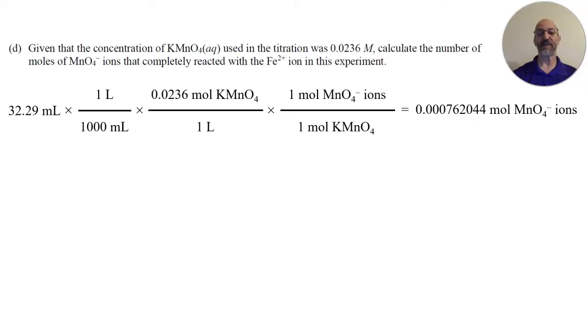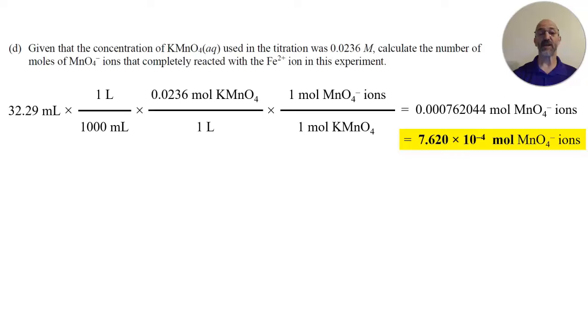I haven't rounded off this answer. I'm going to use 4 significant figures based on 32.29, and I think I will write this number in scientific notation. So it's going to be 7.620 times 10 to the negative 4. That is my number of moles of permanganate ions. So that is my answer to Part D.